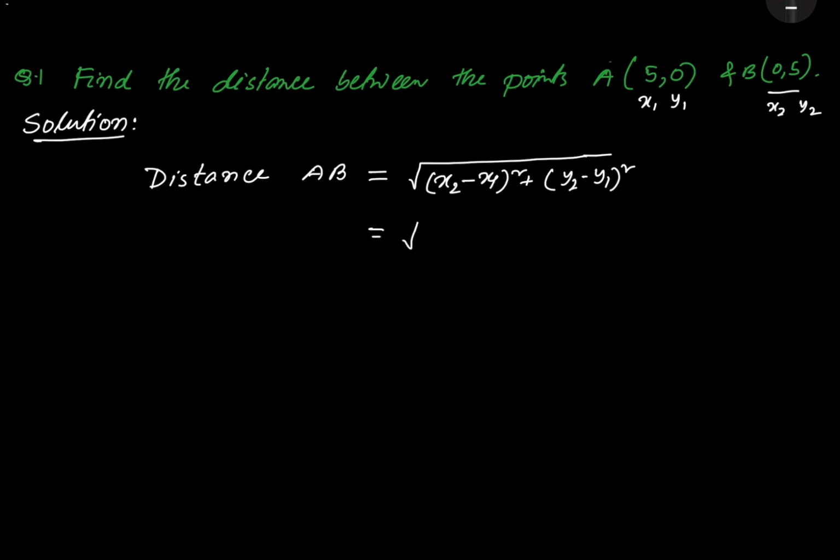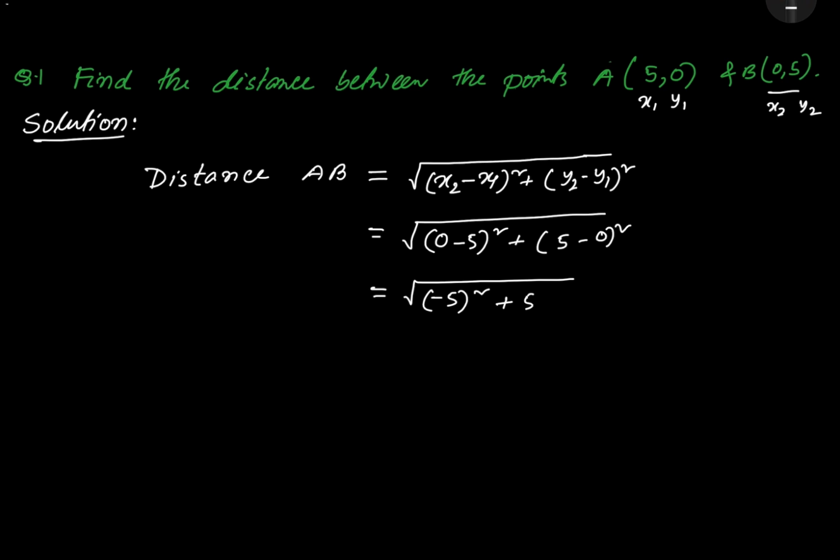So put the values. Here x2 is 0, x1 is 5, so 0 minus 5 whole square, y2 is 5 and y1 is 0, so 5 minus 0 whole square. Now simplify. Here minus 5 whole square plus 5 square.